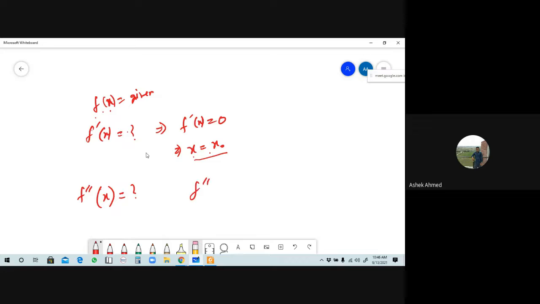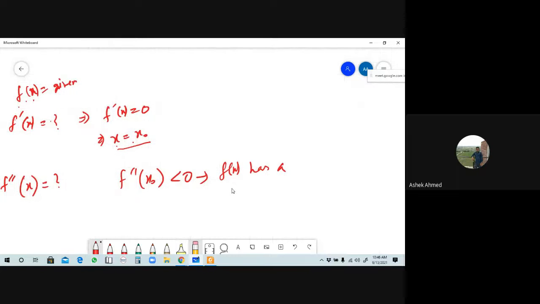If the value of f double prime of x naught is less than 0, then you can say that f of x has a maximum value at the point x equals x naught.